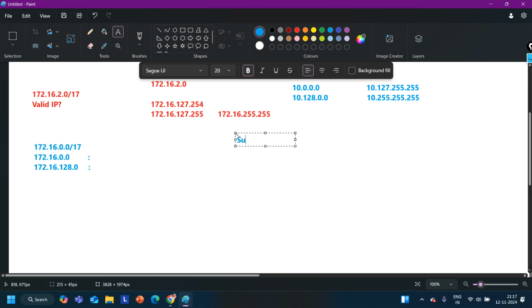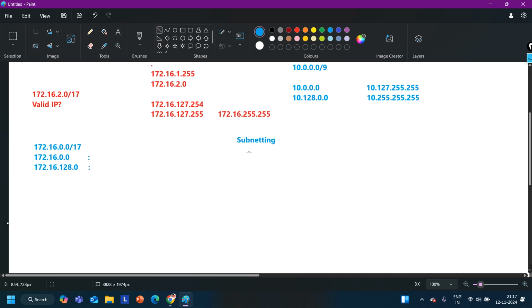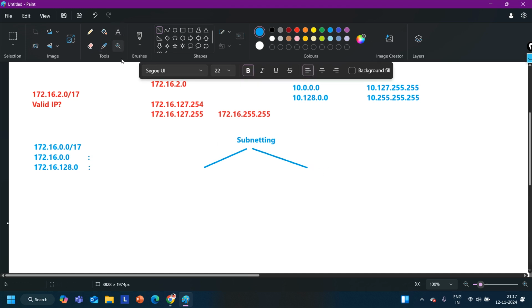There are two types of subnetting. One is FLSM and another one is VLSM.